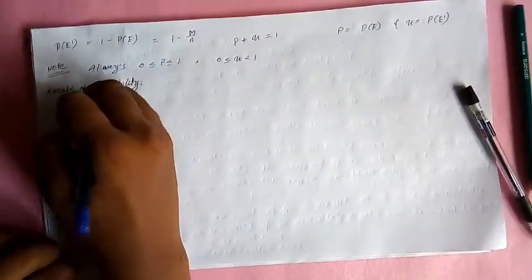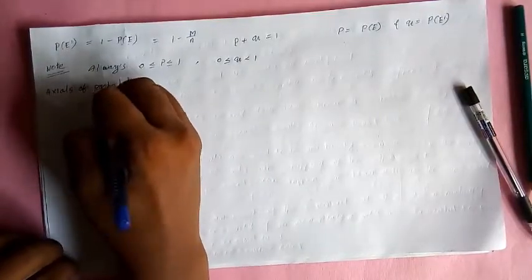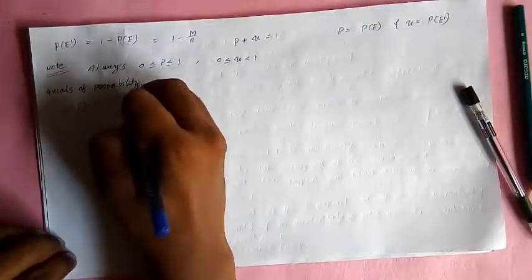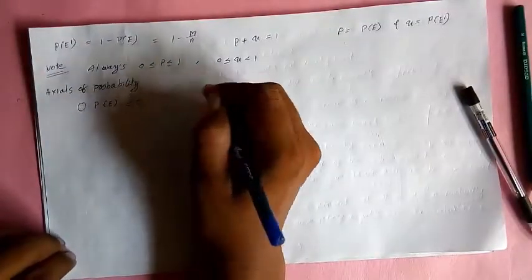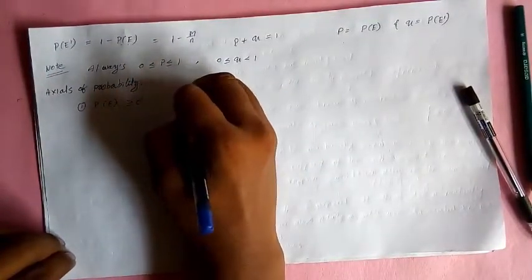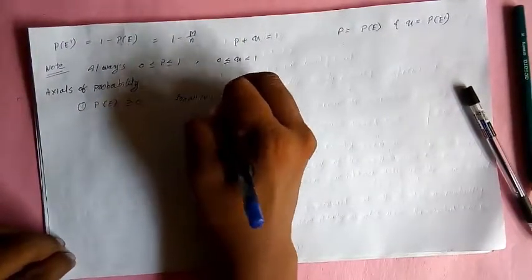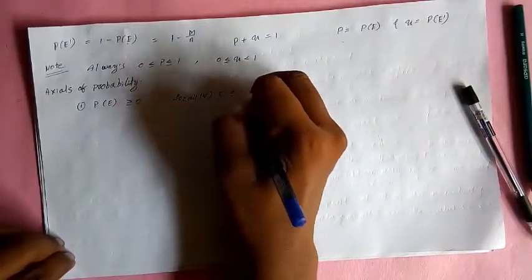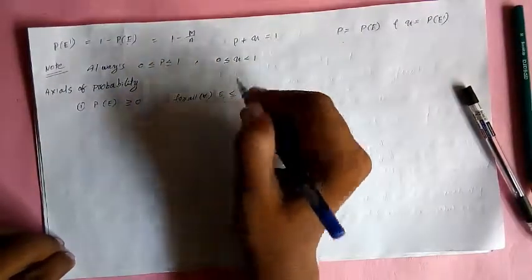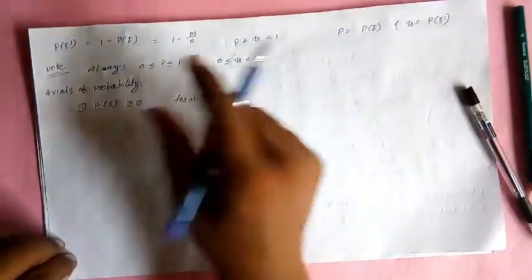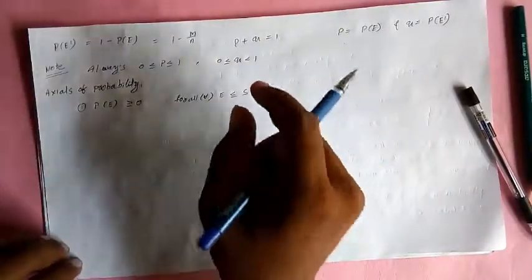First one, P of E, the probability of the event happening, is greater than or equal to 0, for all E less than or equal to S. That is, E is a smaller value because S is the sample space, a larger value, and E is one portion of the sample space. So E is always less than or equal to S.